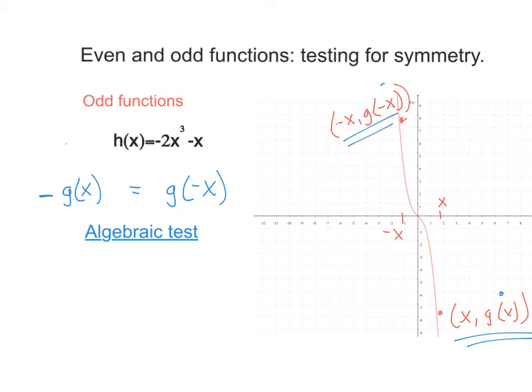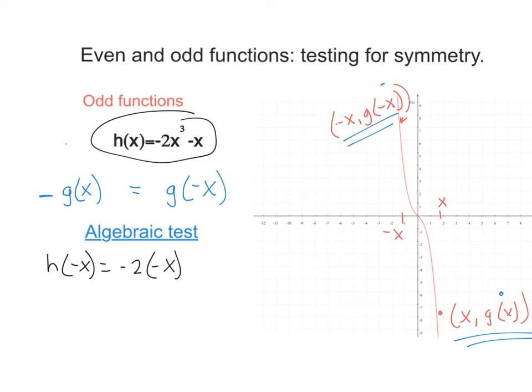The algebraic test, basically I'm going to take my h of x and I'm going to compare it to h of negative x. And when I substitute in negative x every time I see the variable, and I simplify, I'll have, in this case, negative x times negative x times negative x, which is a negative x cubed, times a negative 2 is a positive 2x cubed.